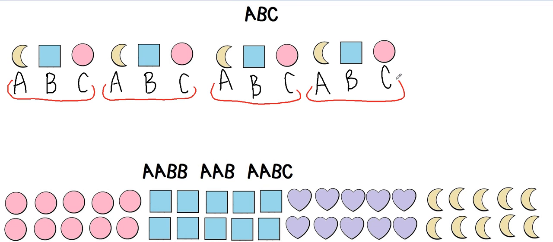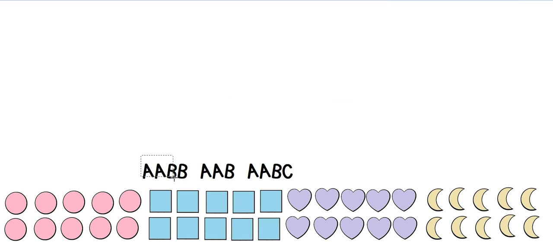And that is an ABC pattern when you have three pieces, three different pieces being repeated. All right, I'm going to delete that one, and I'm going to move up my next pattern core. This is going to have four repeating pieces.